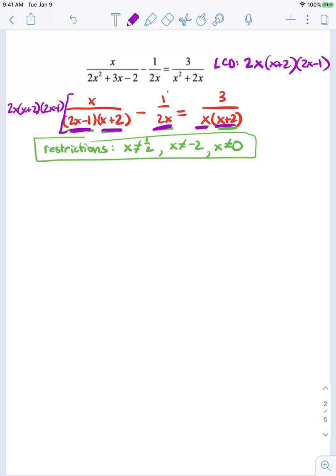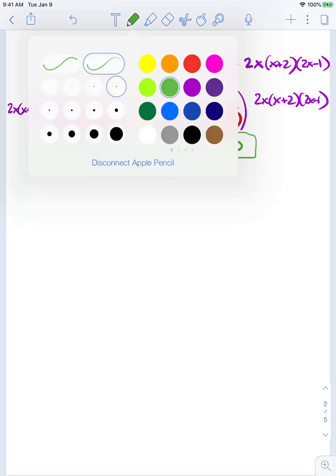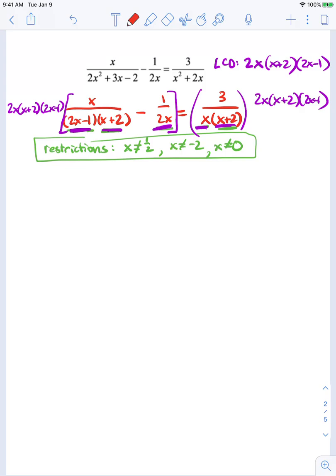So I'm going to multiply both terms here, and the only term on the right will also get multiplied by the LCD. All right, so let's look at what happens here. I'm going to distribute to the first term, and in that first term, I can see that the x plus 2 and the 2x minus 1 will both cancel, leaving me with 2x times x. So my first fraction, the denominator cancels out, and I'm left with 2x times x, or 2x squared.